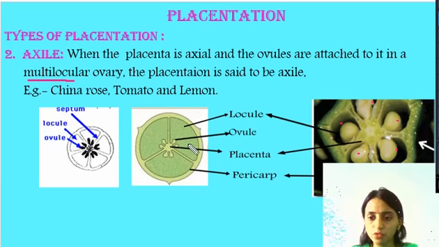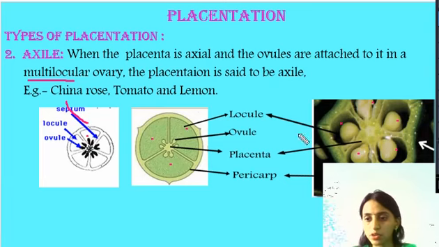Depending on the number of carpels fused, we can find the number of locules. For example, in China rose, that is hibiscus, there are 5 carpels, hence we can find 5 locules. Whereas in this diagram there are only 3 locules. It means there are 3 carpels. And here there are 5 locules. It means there are 5 carpels.